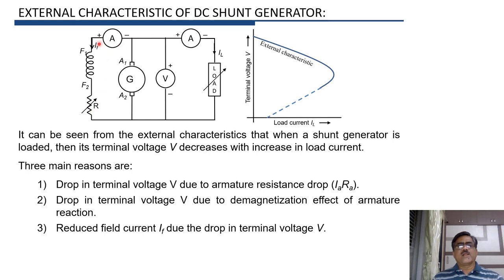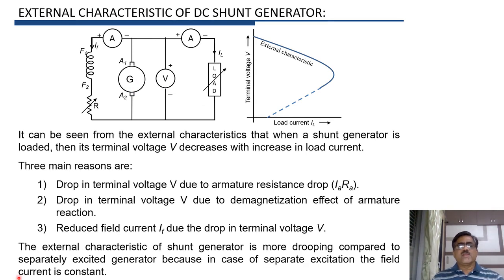And if the field current is not maintained constant, then with reduction in field current, there is reduction in flux, and due to that, there is reduction in EG and terminal voltage V. And therefore, the external characteristic of the shunt generator is drooping. Means as load current is increased, terminal voltage decreases.